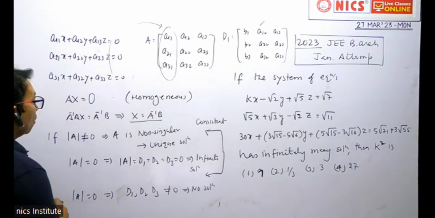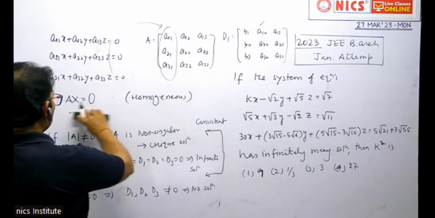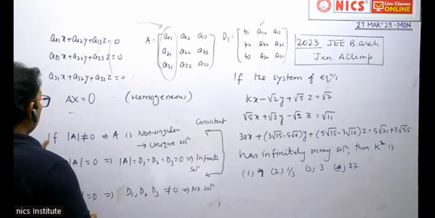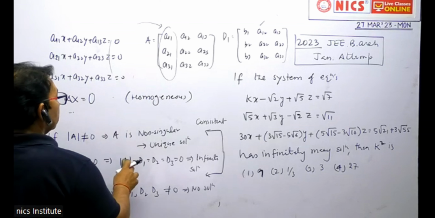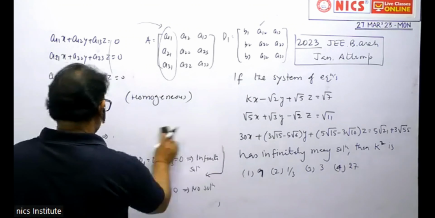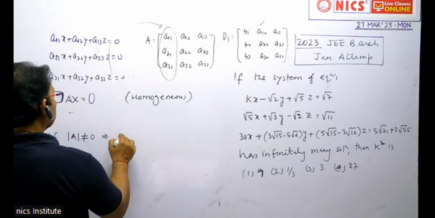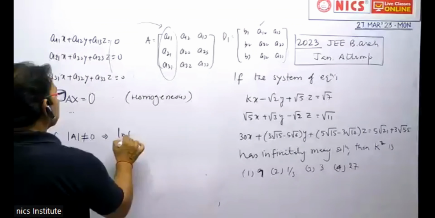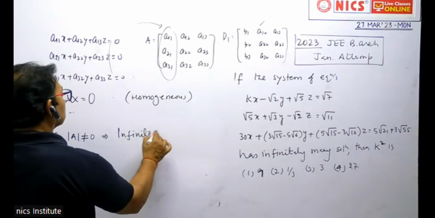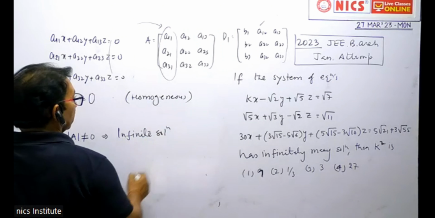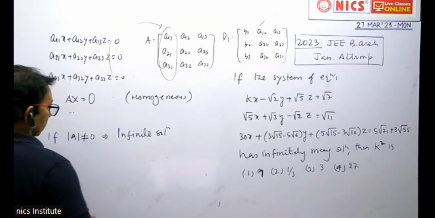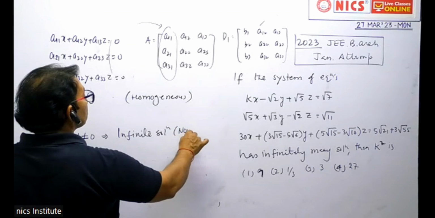A homogeneous system of equations is always consistent. When determinant A is zero, in that situation the solution would be infinite. Infinite solutions, or you can say a non-zero solution.